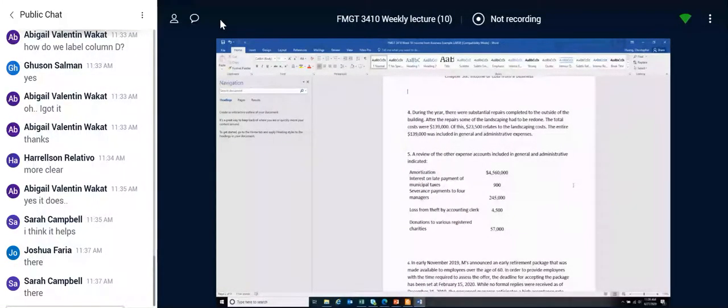So if you're getting charged interest on your provincial income tax, that is not deductible under 18.1A. It is not considered to be a cost incurred to earn income. For municipal taxes, the answer is it is deductible under 18.1A.